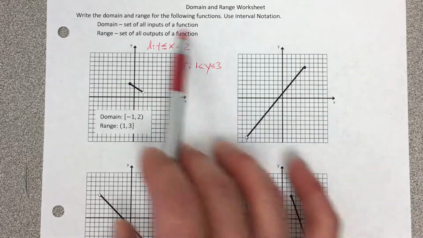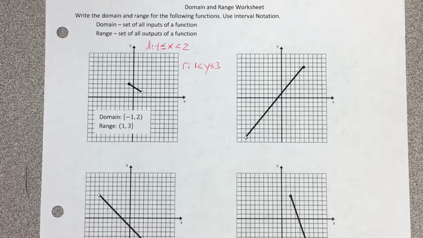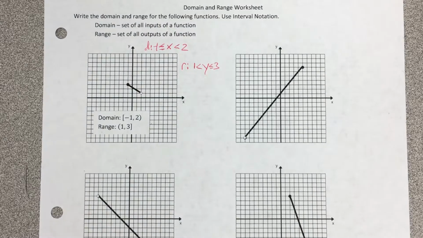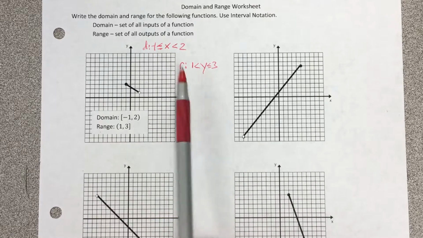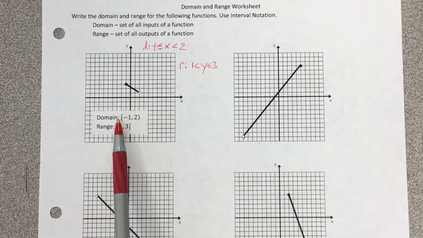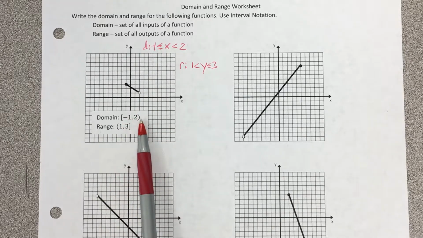Now, this can be a little bit complicated, and somebody thought, well, we're just going to make a shortened version of this. So instead of writing the compound inequality, we're just going to use brackets and parentheses. We're really concerned with the start and the finish.